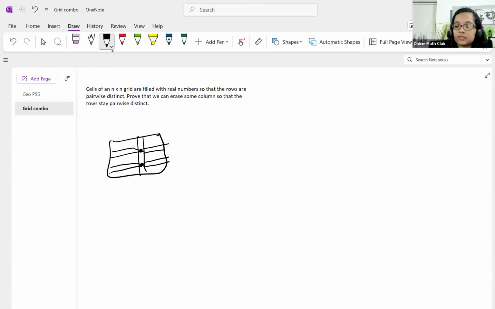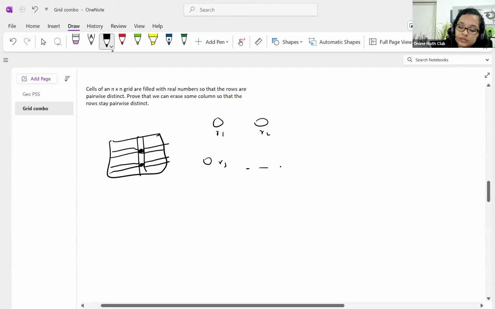So we look at each of the rows, say row 1, row 2, and so on. And if two rows are the same except for a certain column, say Ci, then you connect those two rows and label it with that column.